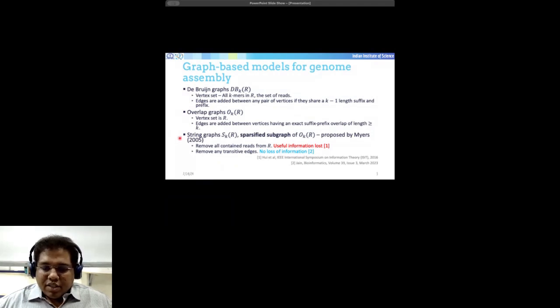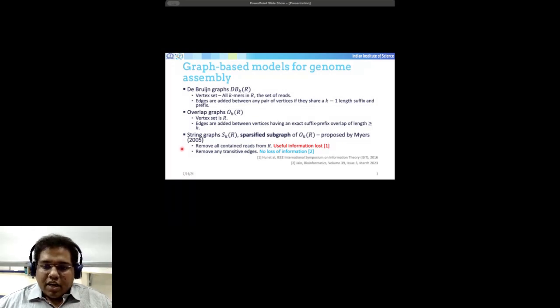In the overlap graph, the vertex set is the set of all reads, and edges are added between a pair of vertices if there is a suffix-prefix overlap of sufficient length, let's say k. A string graph is a sparsified subgraph of the overlap graph, and two heuristics are used to sparsify it.